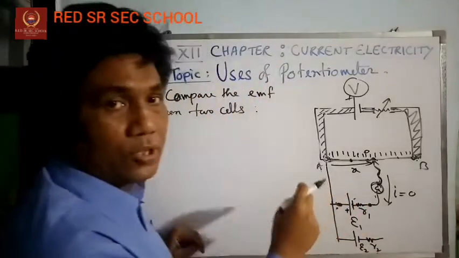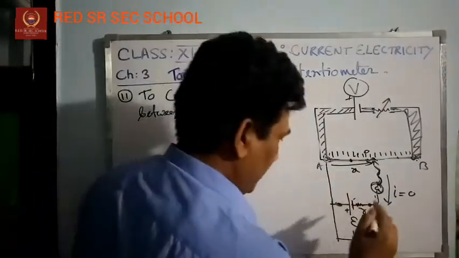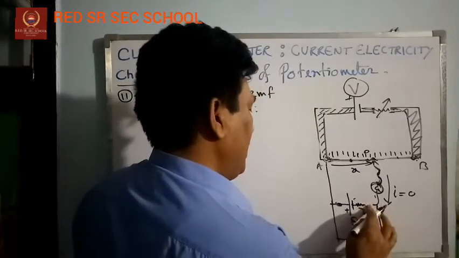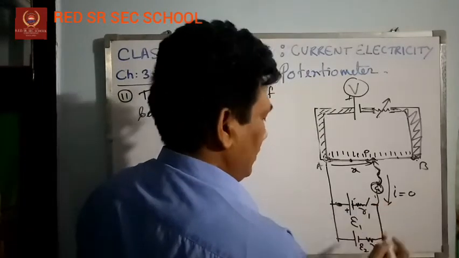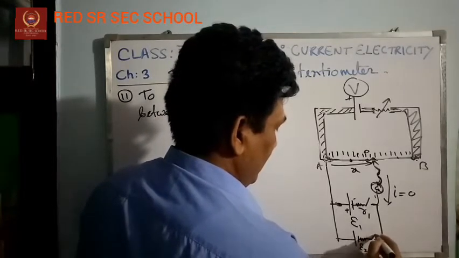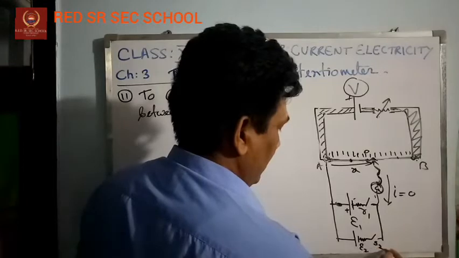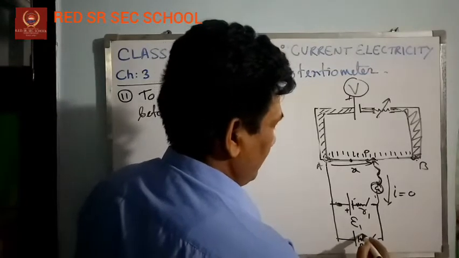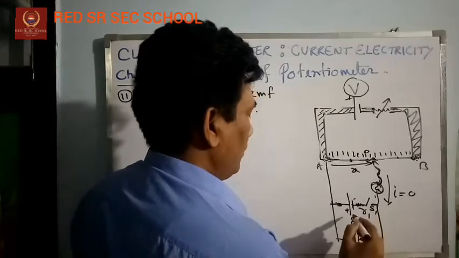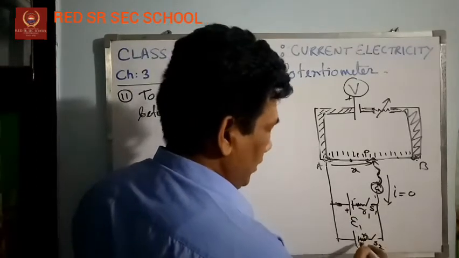You need to draw the whole figure once more. Okay, they are parallel. Now let me apply a switch here, that is S2, that is S1. So S1, S2, E1, R1, S1, E2, R2, S2.